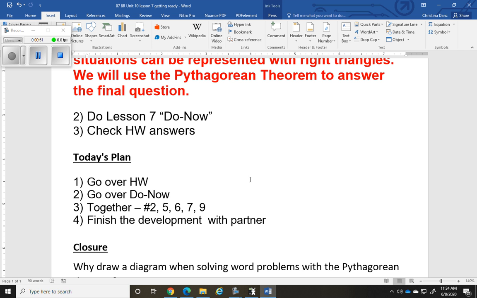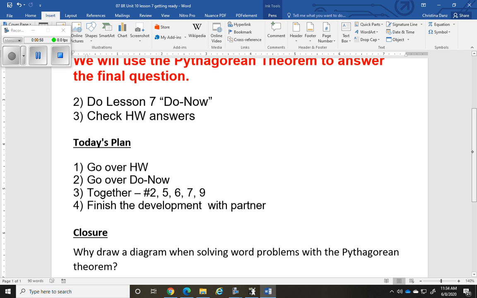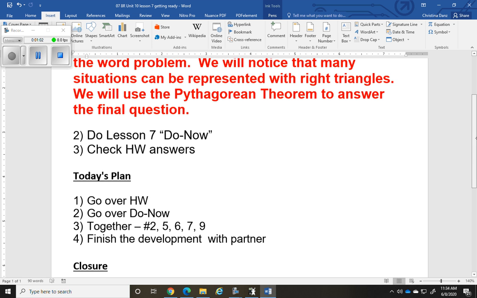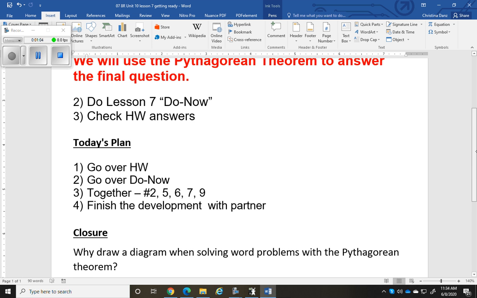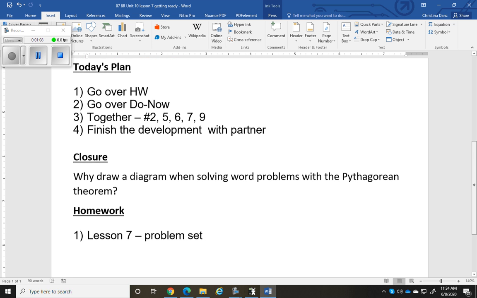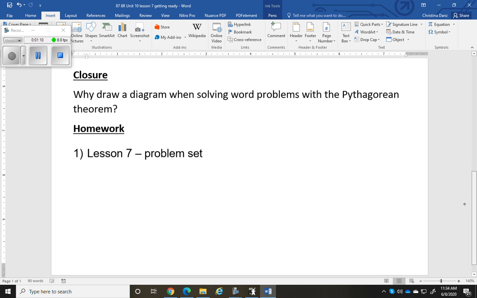And then you'll have the problem set to do and then check the answers at a future date when Mrs. Lawton and I post the answers. So make sure you do check your answers to your homework from lesson 6 to make sure you're ready for today's lesson.